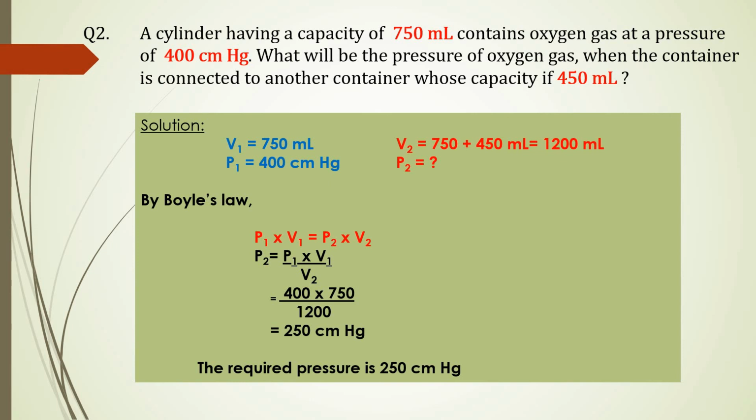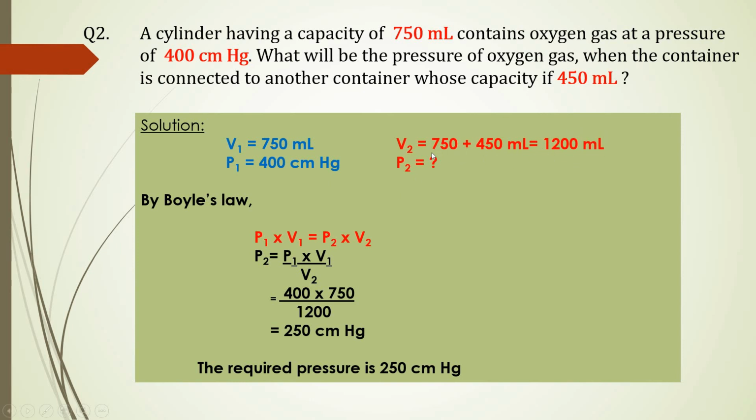Please understand, you can always check whether your answer is correct or wrong. You just have to think that according to Boyle's law, when pressure increases, volume decreases, or vice versa. When volume increases, pressure decreases. So here what is happening? Volume is increasing.